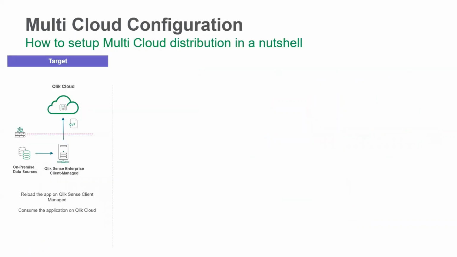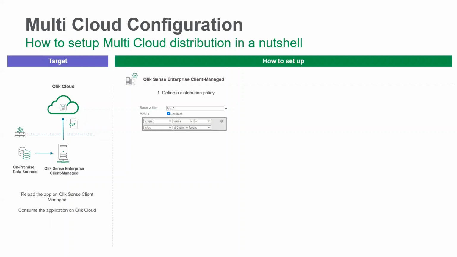So how to set it up? It's very easy and straightforward to set up a Qlik multi-cloud app distribution. On your Cloud Managed environment, you will define one or many generic rules for distribution. It's quite similar to a load balancing rule. Here, I'm defining a rule to distribute the right app to the right tenant based on an application custom property.